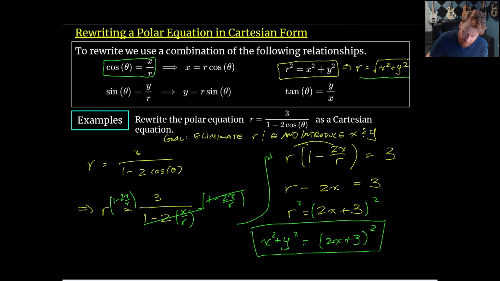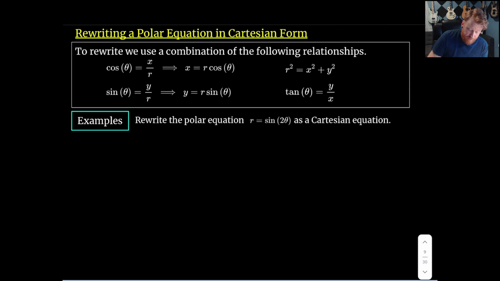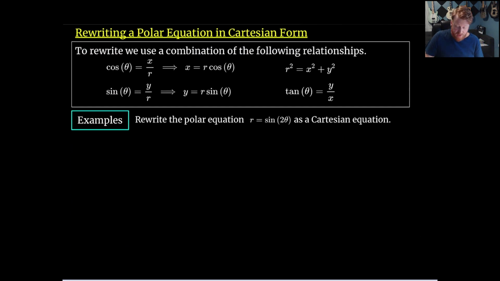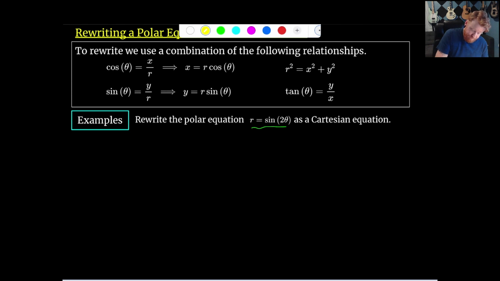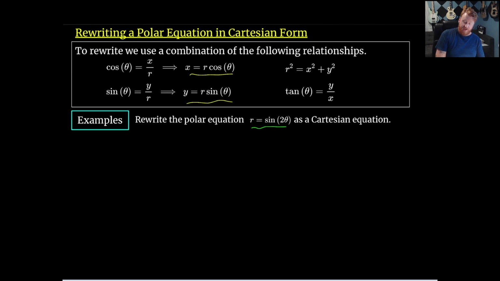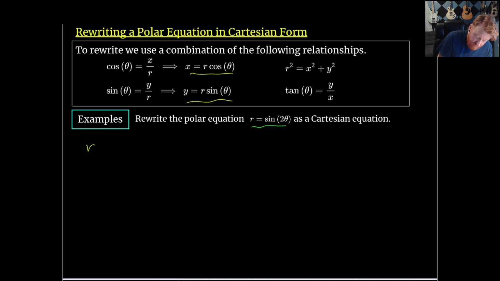So let's take a look at a different example of doing the same thing. We want to rewrite this polar equation as a Cartesian equation. Here what we've got is r equals sine of 2 theta. We don't know anything about relationships for sine of 2 theta, but we do know a double angle formula. So the first thing I'm going to do is rewrite this as r equals 2 sine theta cosine theta, using the double angle formula.